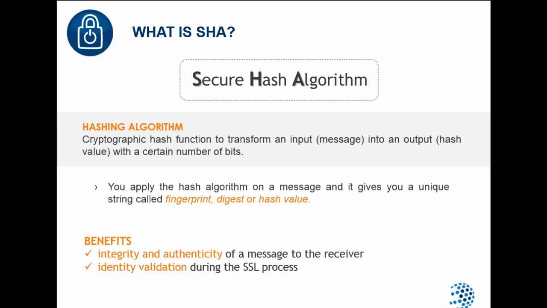You can call it a fingerprint, a digest, or a hash value. Its benefits are that it ticks the box for the integrity and authenticity of a message to the receiver, and also identity validation during the SSL process.